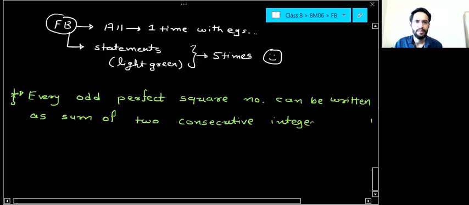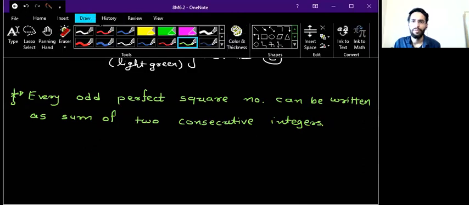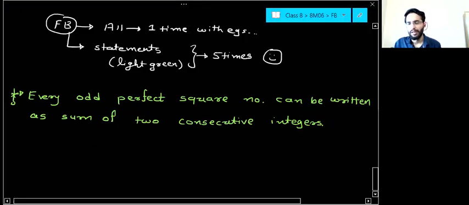And how we can write this? See here, odd perfect square. 3 is not a perfect square, right? So every odd perfect square, you know that, right?